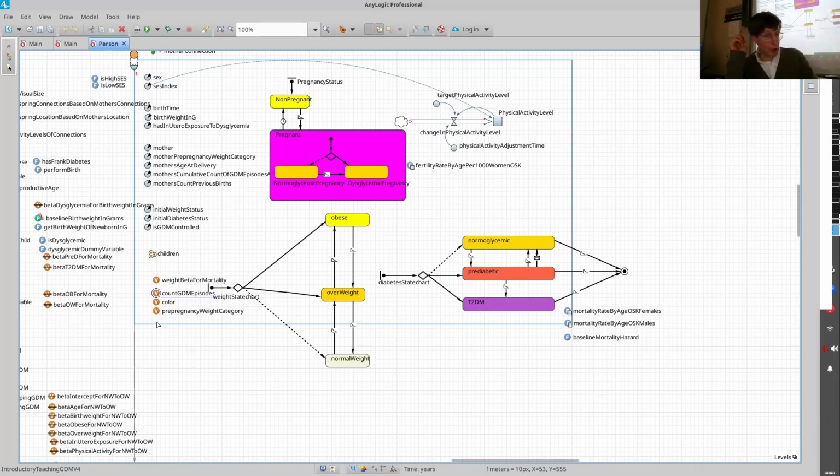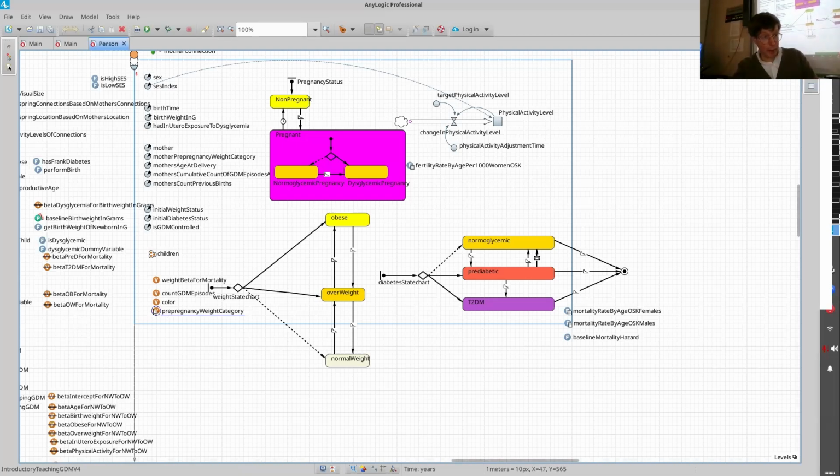We might also use it for calibration, to tune our parameter assumptions to align our model with empirical data. The pre-pregnancy weight category, we might be interested also in understanding for those who, before their pregnancy, were of a certain weight status, understanding outcomes based on that pre-pregnancy weight.